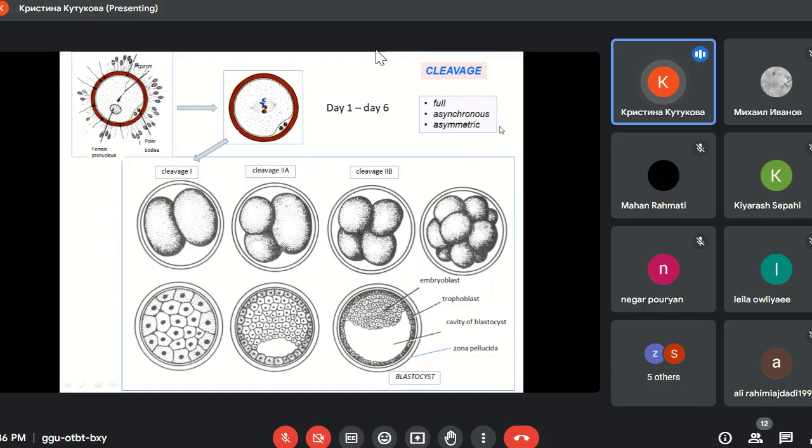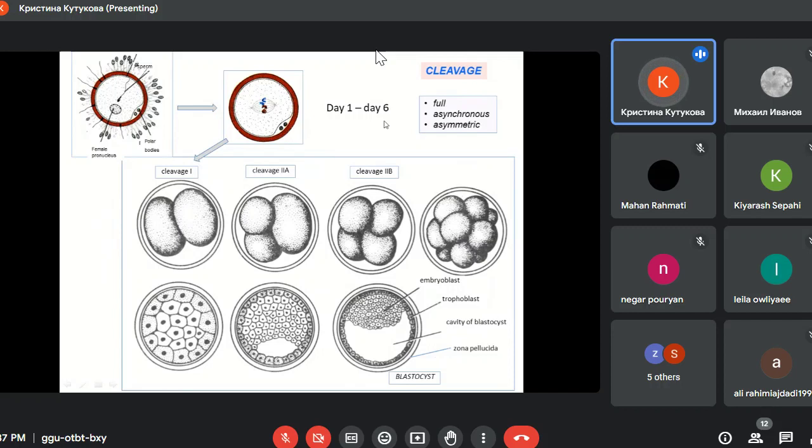Cleavage is full, asynchronous, and asymmetric, and we have first the morula, when the embryo consists just of blastomeres, and then when a cavity starts to appear inside the embryo, now it is called blastocyst. Cleavage goes from day 1 of the life of the embryo till day 6, and it happens inside the ovarian tube.